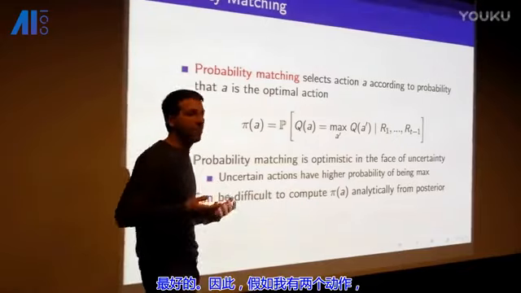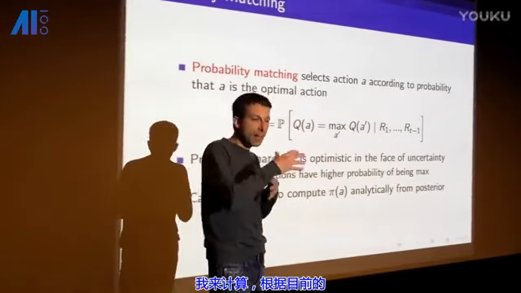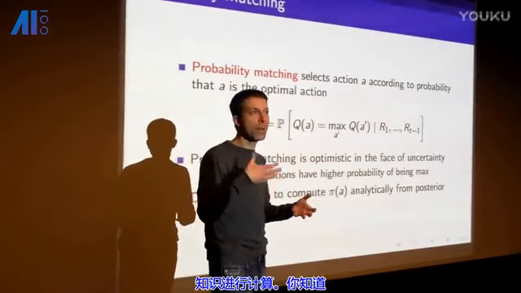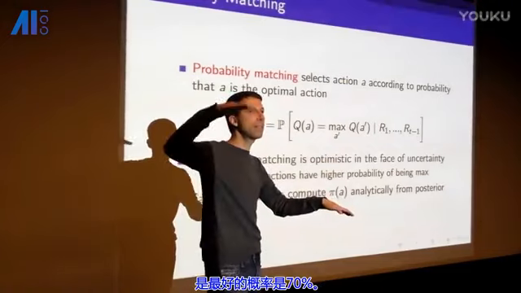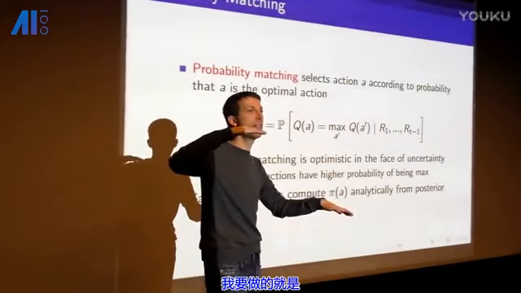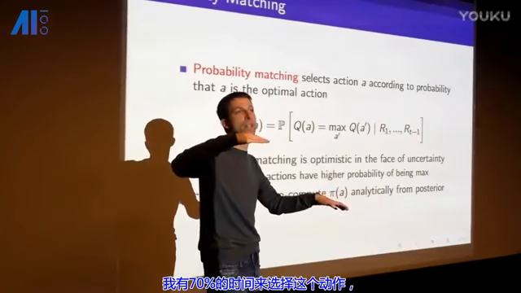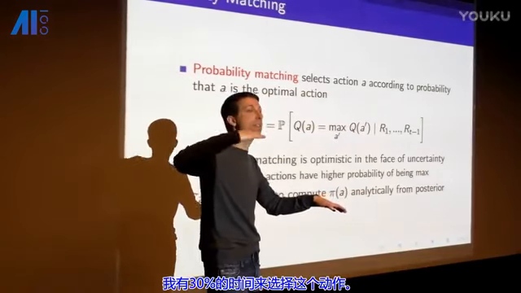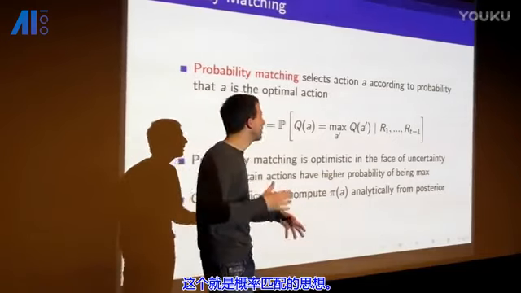So if I've got 2 actions and I can compute that, according to my beliefs so far, maybe there's a 30% chance that this action's the best, and there's a 70% chance that this action's the best. Then I just sample those actions in proportion to my belief that they're the best one. So then I actually pick this one 70% of the time and this one 30% of the time. So that's the idea of probability matching.